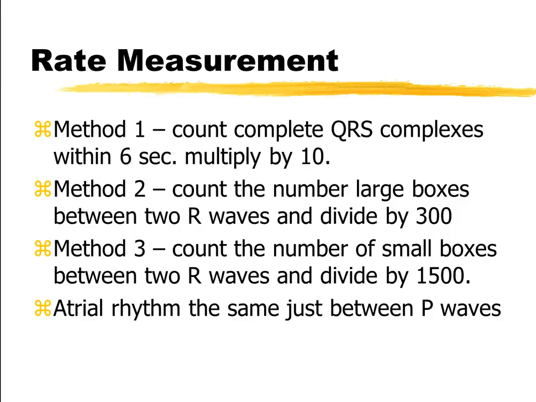You think, why would I want to do that when I can just do method number 2? Well, in order for method 2 to work, the R wave has to be right on the line. If you have a short strip and your R wave is not exactly on that dark line that indicates the border of the large box, that doesn't work right. So you may have to go to method number 3.